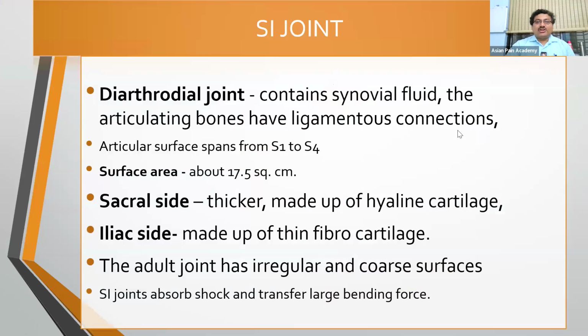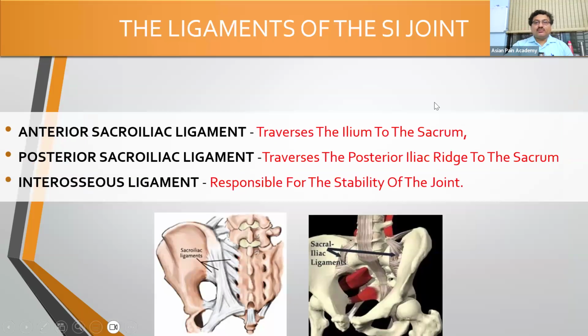Being a diarthrodial joint, its surface area is about 17.5 square centimeters, and the articular surface spans from S1 to S4 level. The sacral side is thicker, made up of hyaline cartilage, and the iliac side is made of fibrocartilage. In the adult, the joint is irregular with a coarse surface. Basically, it helps to absorb the force.